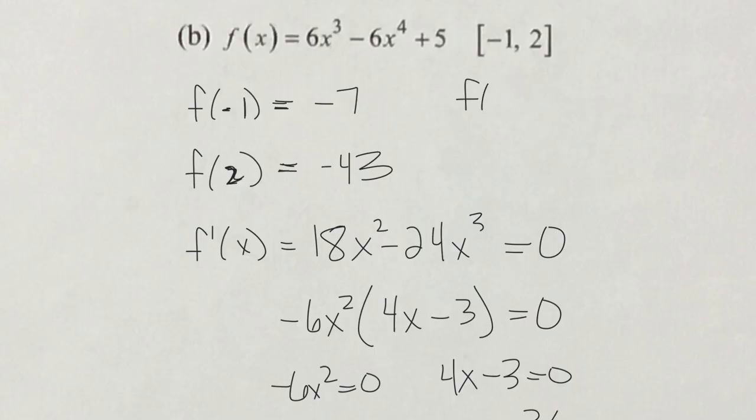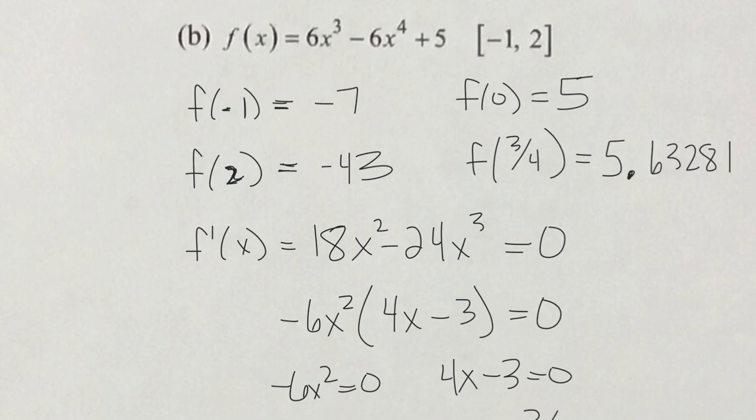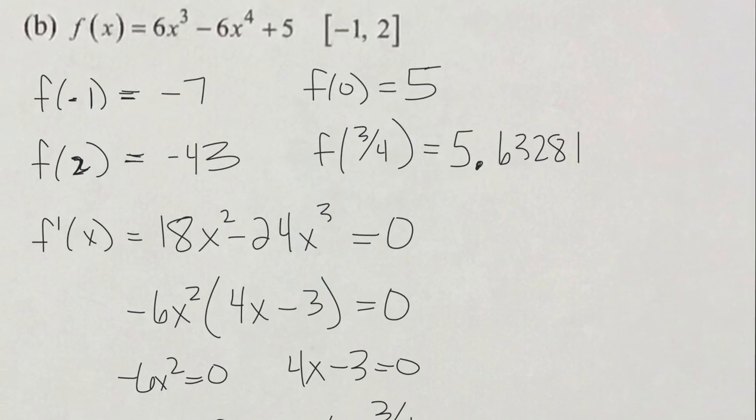So let's evaluate f at 0. Well, that's pretty easy. That's just 5. But now we have to evaluate at 3/4, so I'm going to plug that into my calculator. So these are my values. Looking at my y values, it appears that I have an absolute minimum at x equals 2.